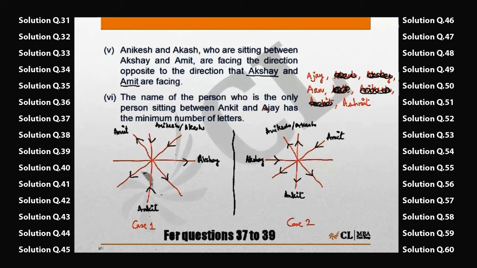The person who is the only person sitting between Ankit and Ajay has a minimum number of letters. Ankit and Ajay. So Ajay has to be here, and the minimum number of letters would be An.